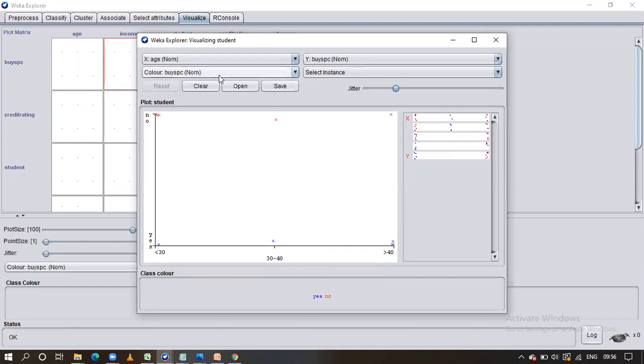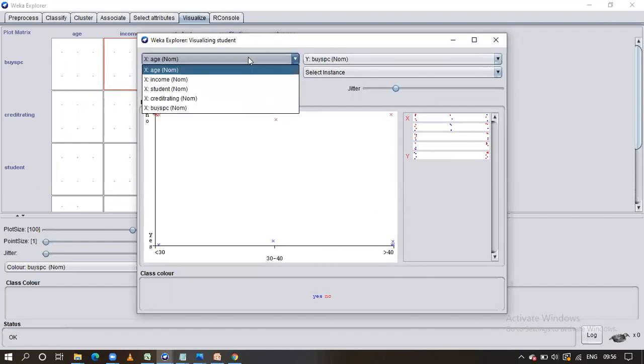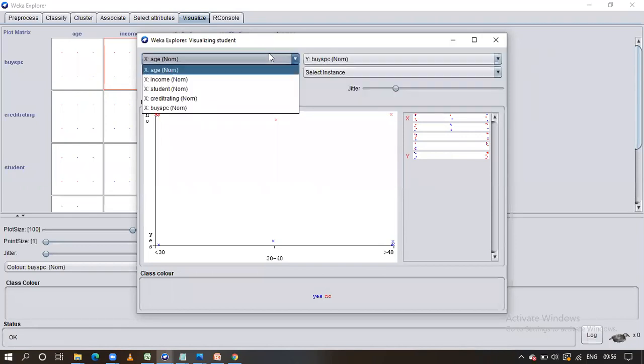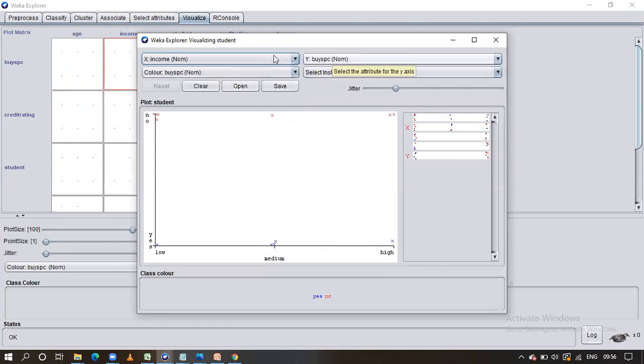You can change the x-axis and y-axis values, for example x as income and y as another attribute. Whatever values you want, you can take them here. Red color is all one cluster, and blue color is all another cluster.